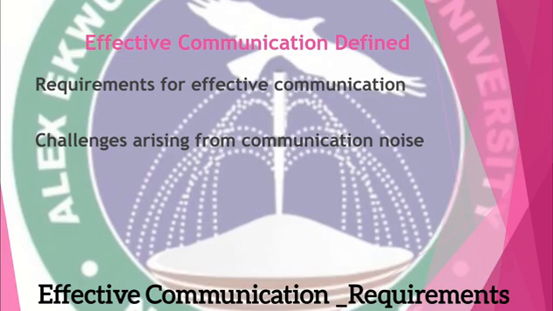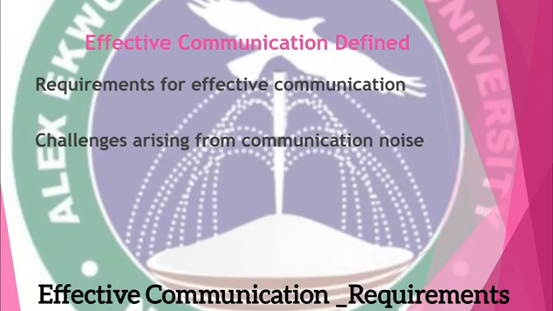Requirements for effective communication are part of what we have discussed: the source must be skilled enough to understand the needs of the receiver. The message must be sent through the appropriate channel. Then the receiver must be able to decode the message. The receiver must be able to implement the message and then return feedback to the sender.